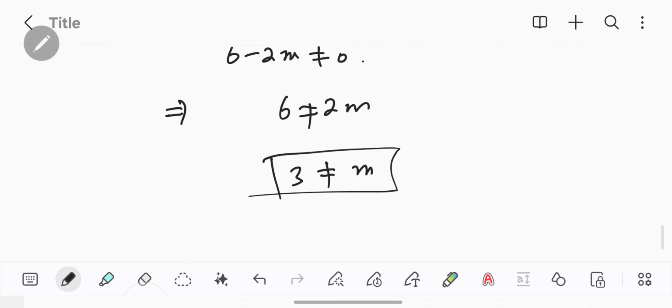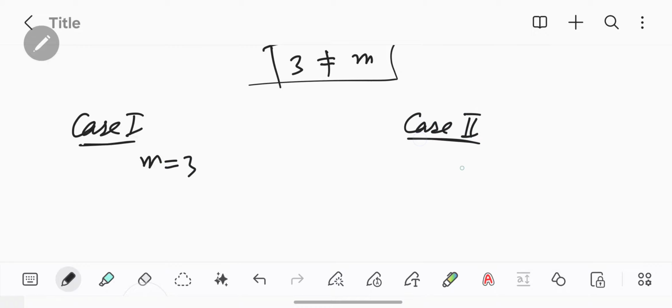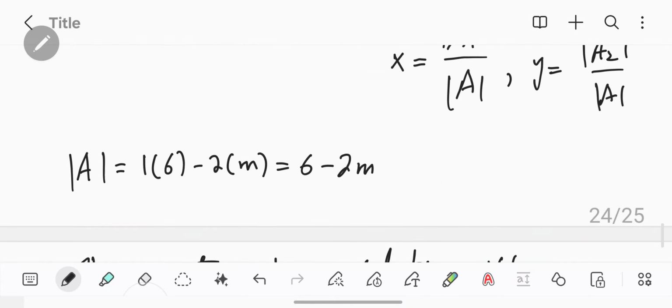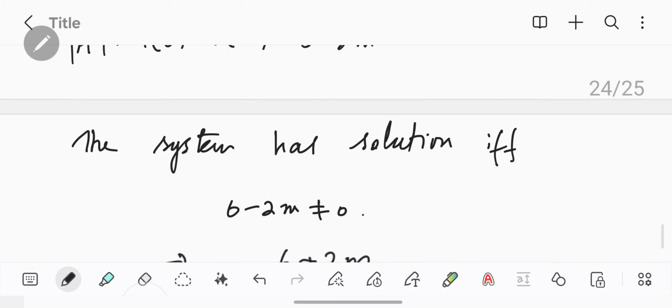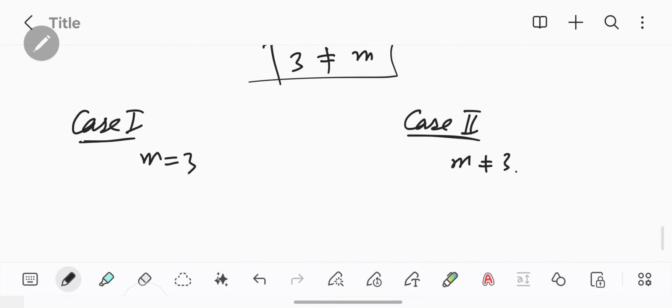So we have two different cases. Case 1 is when m is equal to 3, and case 2 is when m is not equal to 3. Because in the given system we are not told whether m can be 3 or other than 3.